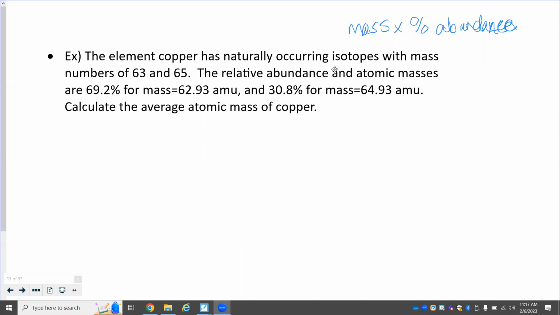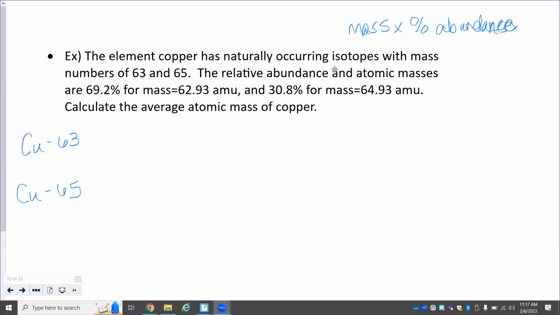Calculate the average atomic mass of copper. So same deal, we have 2 isotopes. We have copper 63 and copper 65. So for each one, we are going to do that mass times percent abundance.